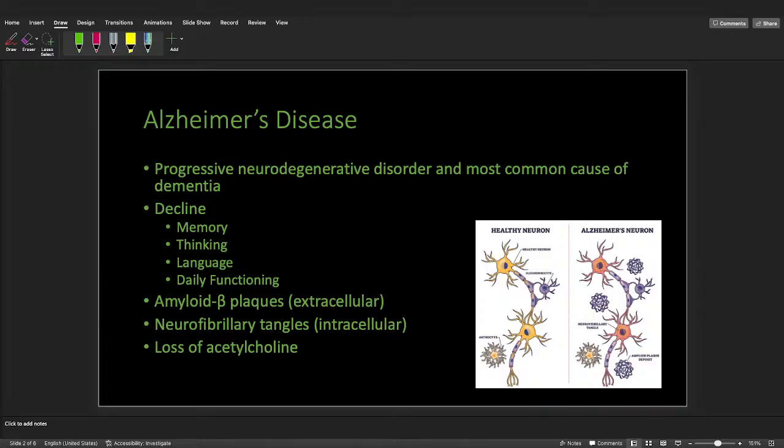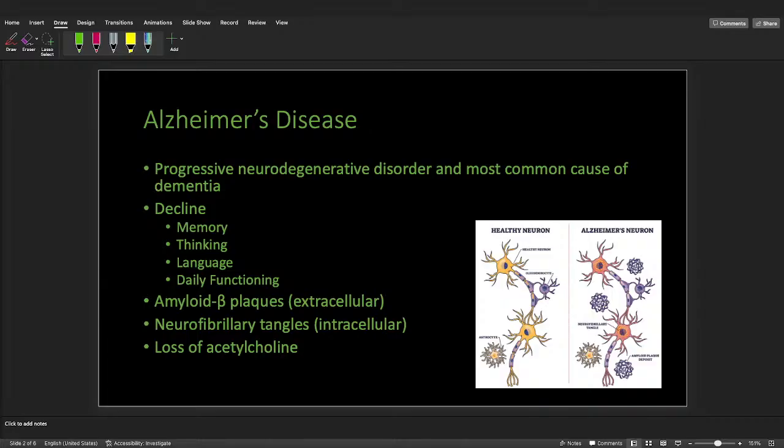That's what this diagram is showing, just so you all can understand a little more about the neurodegenerative disorder of the neurons here.